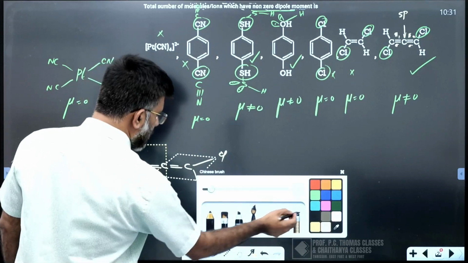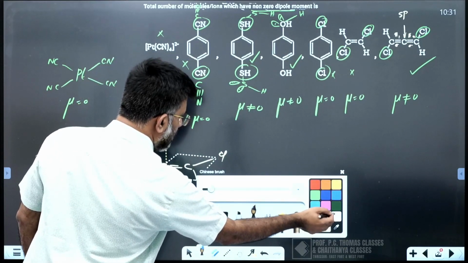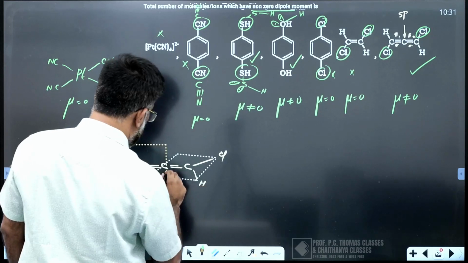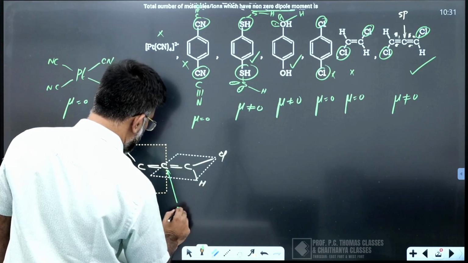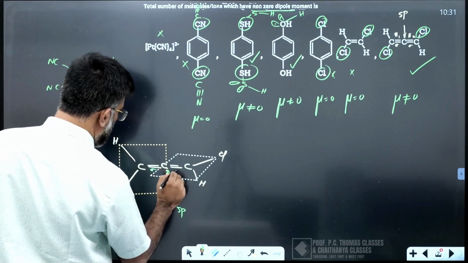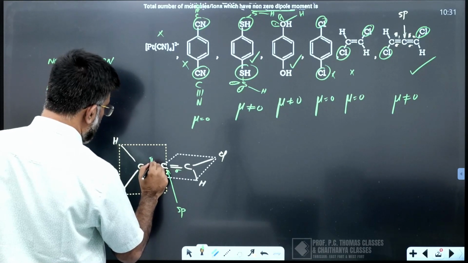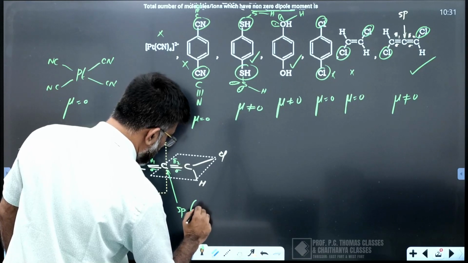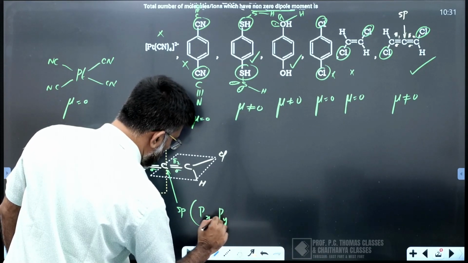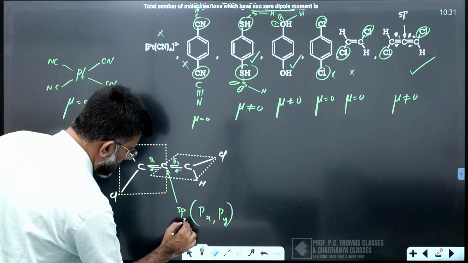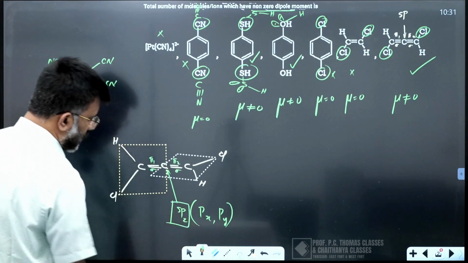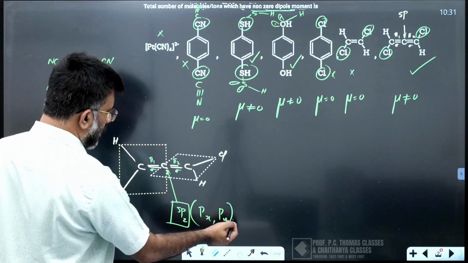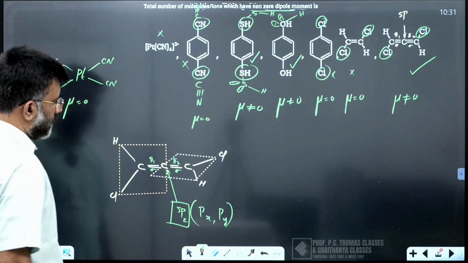So the carbon making sp hybridization goes for a sigma bond left and right, and you have pi bond 1 here and pi bond 2 here, and here px and py orbitals are free, while the pz orbital is involved in hybridization. Now px and py will go for the pi bond formation.